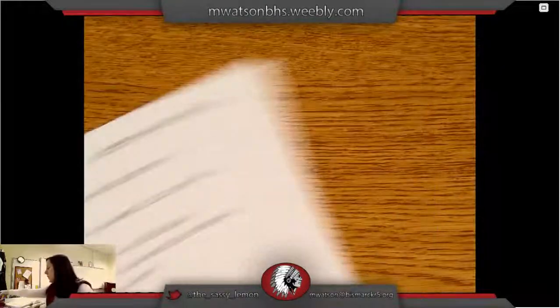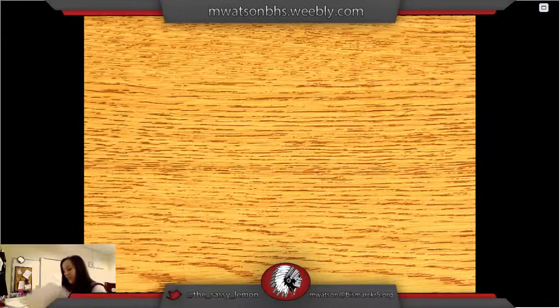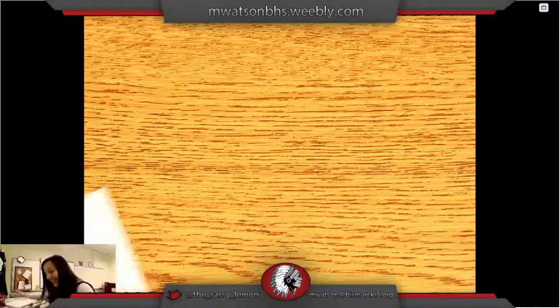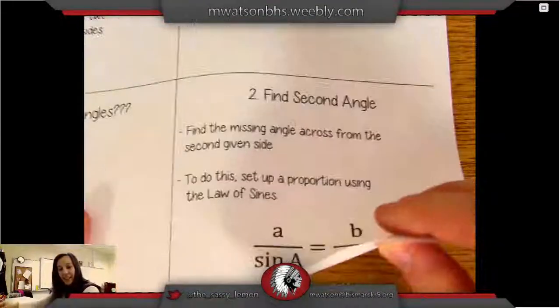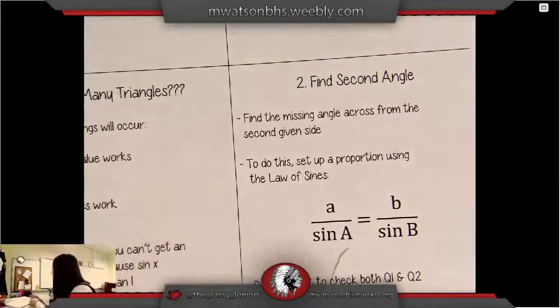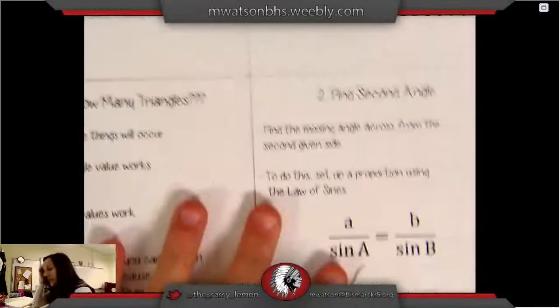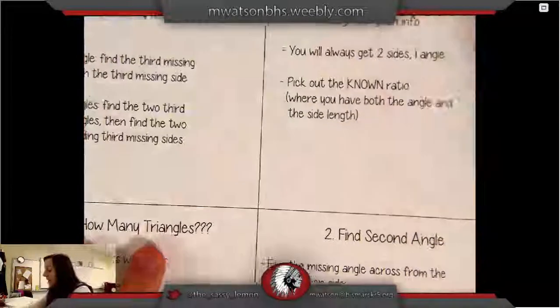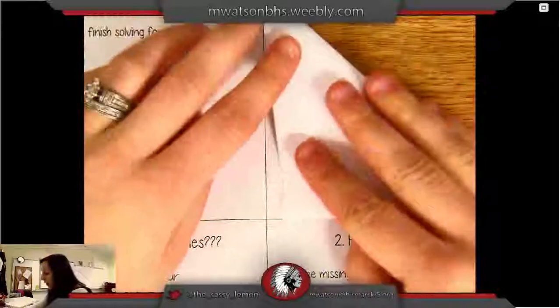So the first thing I want you to do is cut that off. Oops. Okay, and don't rip your foldable like I just did. Yay, I ripped it. Okay, so anyways, throw that away. And now we're actually going to fold these corners in.